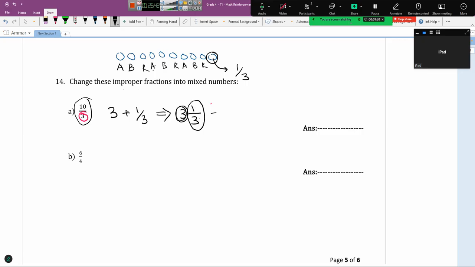So 3 into 3 is 9, plus 1 is 10, and in the denominator we have 3. So this is how we cross check, which means if you are given a mixed number, we do the reverse, the opposite procedure.